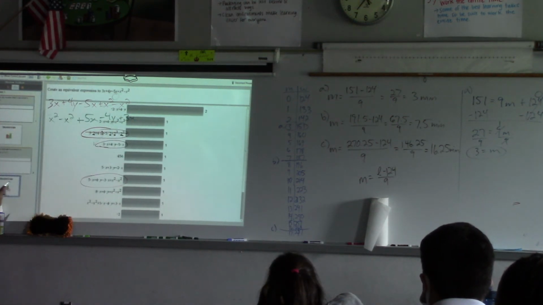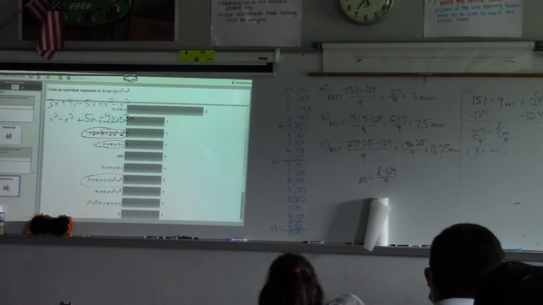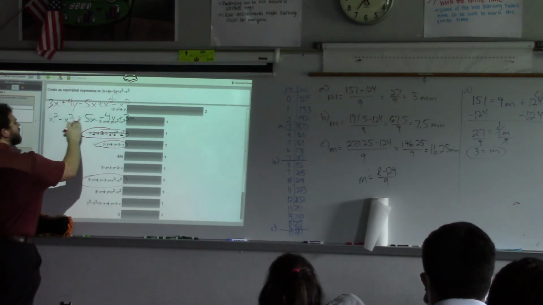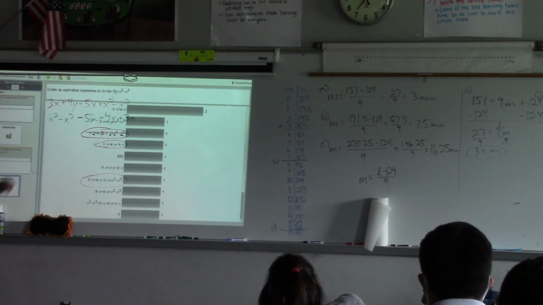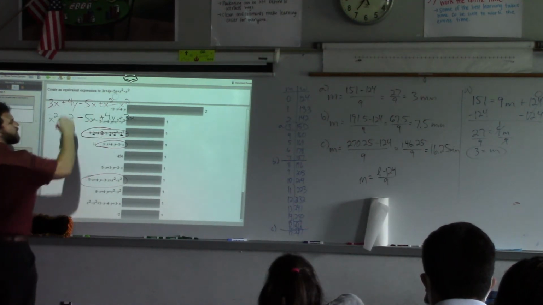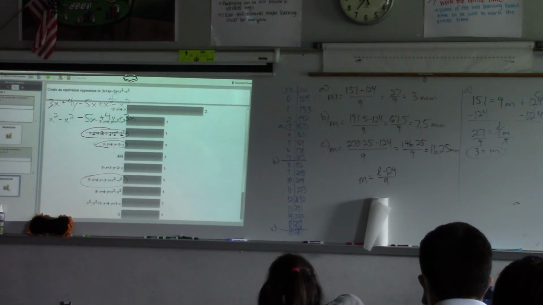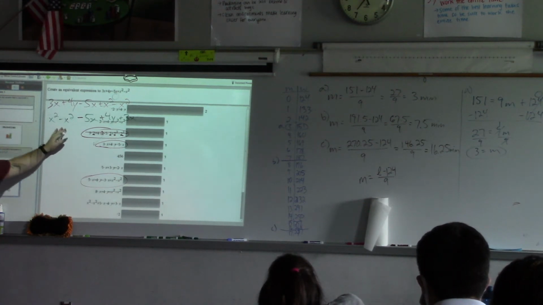Y'all think that's equivalent? You flipped it. Or they did flip it. The 5 is supposed to be a negative, and the 4 is supposed to be a positive. Would that be equivalent now? Yeah, now it would be, right?